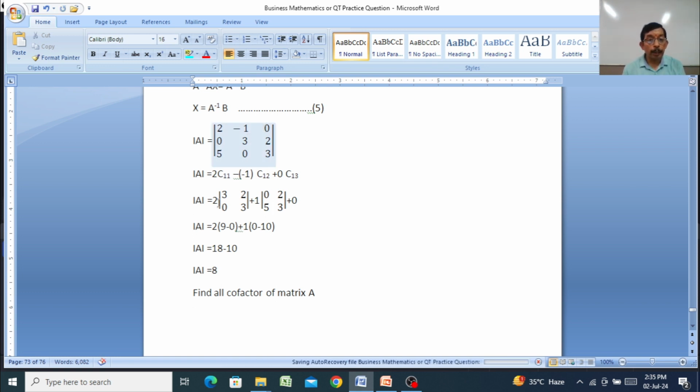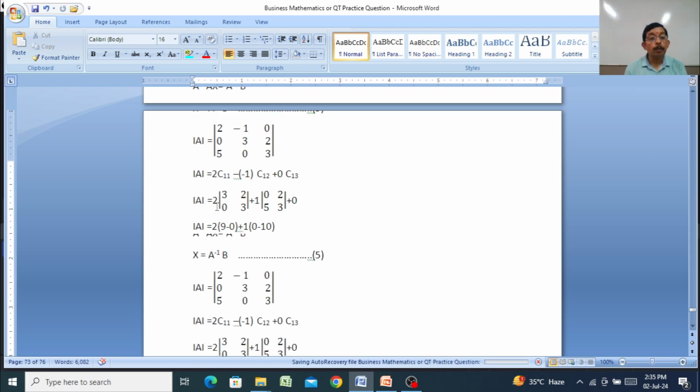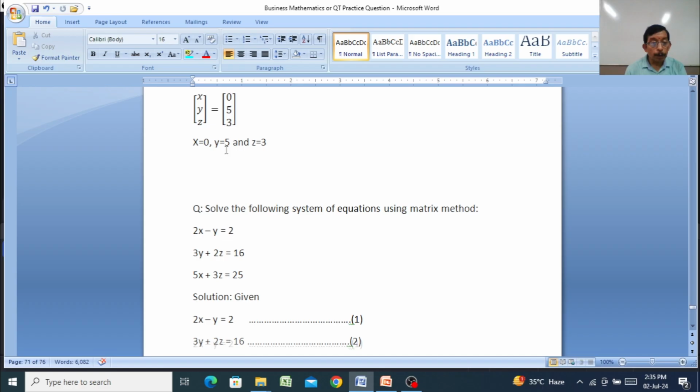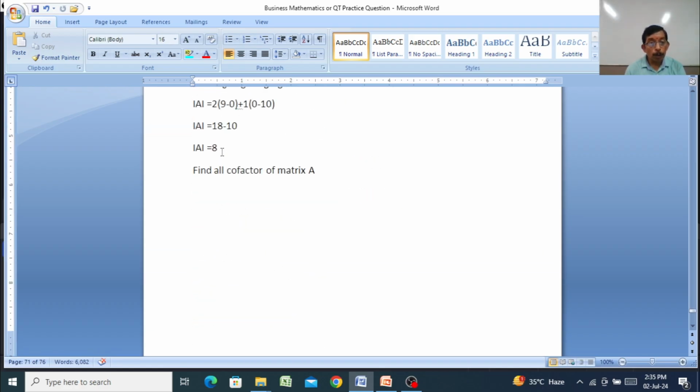There are 9 elements and 9 cofactors, C11, C12, note down. Note down 9 cofactors.